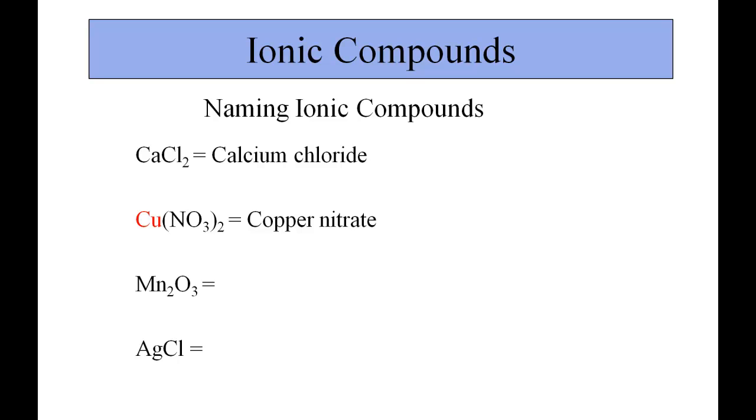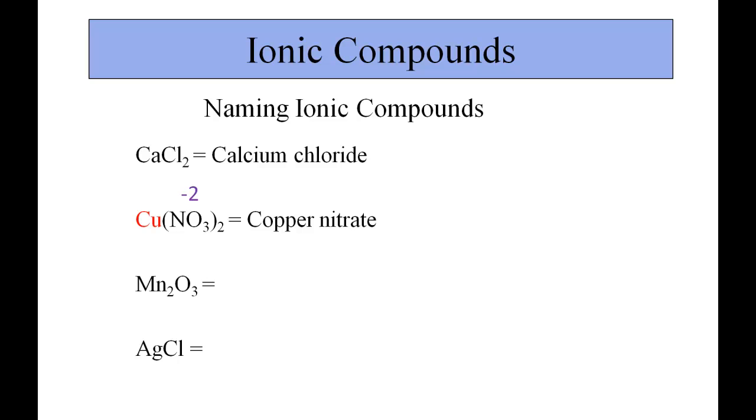But what we need to look at is that copper is a transition metal with more than one charge. So if it is a transition metal with more than one charge, you need to tell its charge using Roman numerals. In order to figure out copper's charge, we're going to use the other part of the compound. Nitrate, or NO3, has a -1 charge. But there's two of them in this compound.